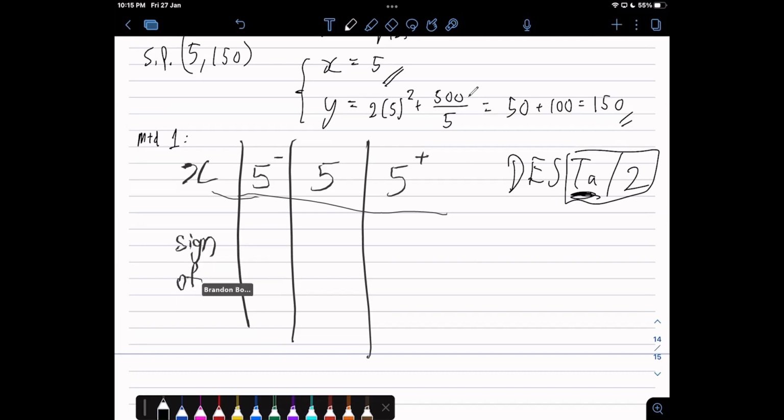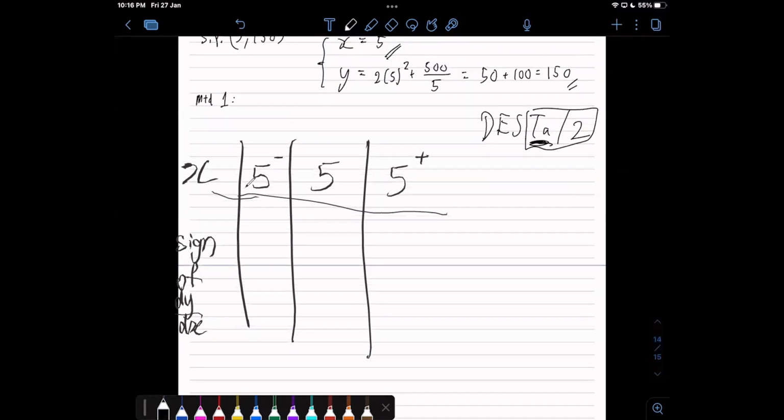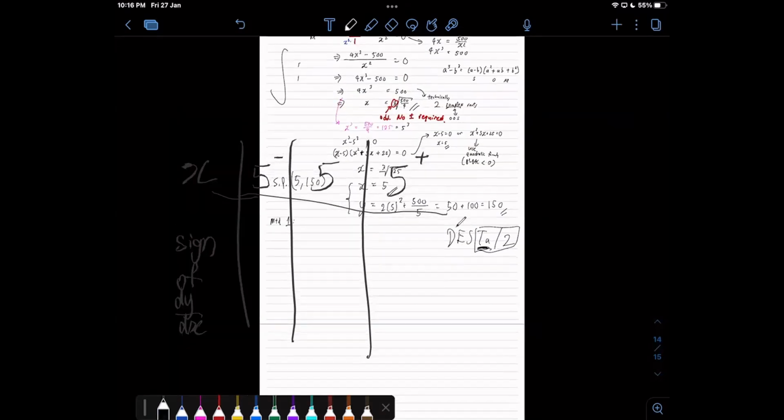Sine. Okay, then we can zoom out. Oh, you want to see what is the dy by dx?